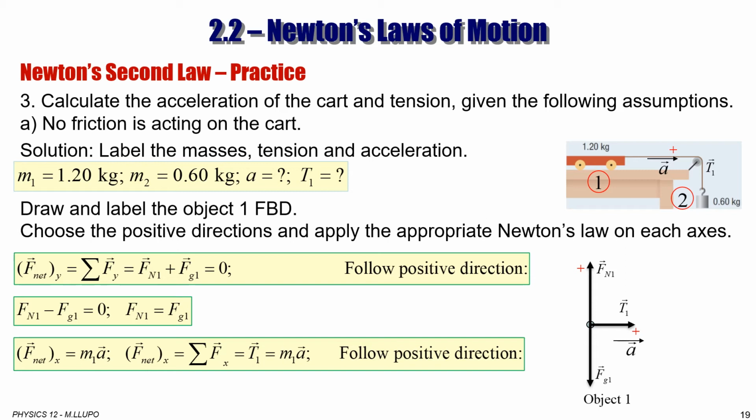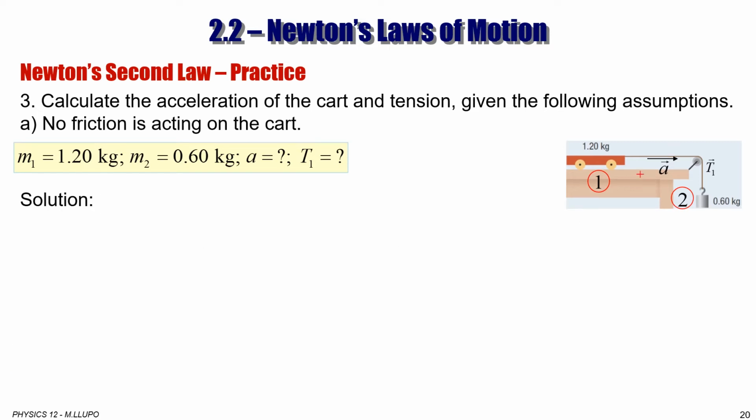We can follow the positive direction: T1 is positive and acceleration is positive as well. So we can write equation number 1 as T1 is equal to m1a. So plus T1 is equal to plus m1a. We'll continue with the solution.